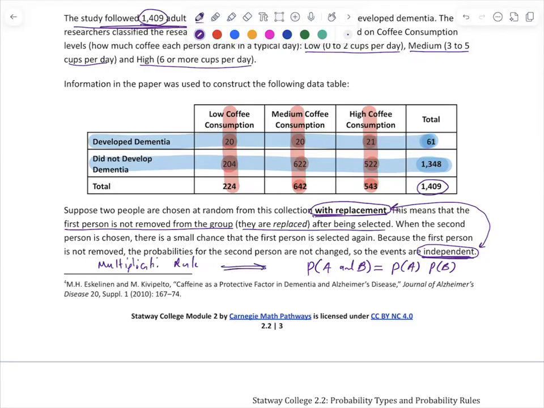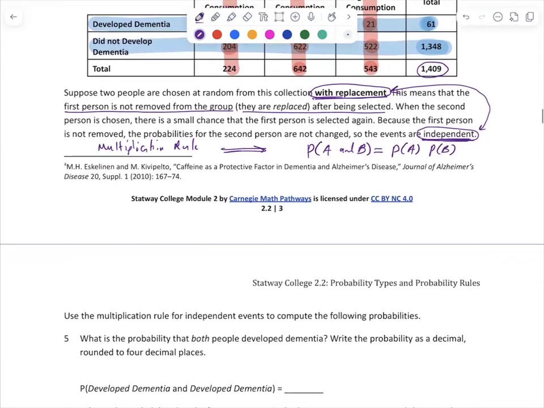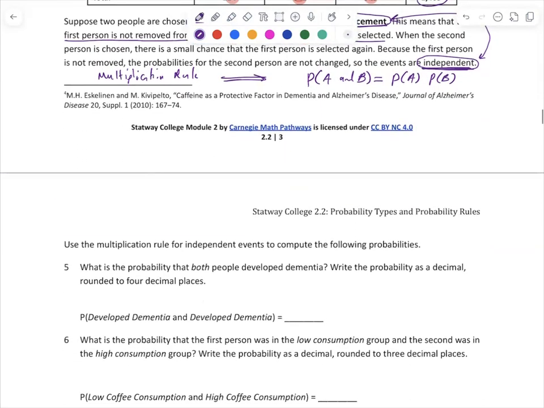So again, with replacement, meaning that you have independent events, it means that you can apply the multiplication rule. So let's take a look at the questions. It says, use the multiplication rule for independent events to compute the following probability. A, calculate the probability that two people develop dementia.